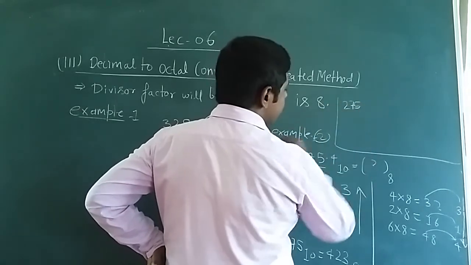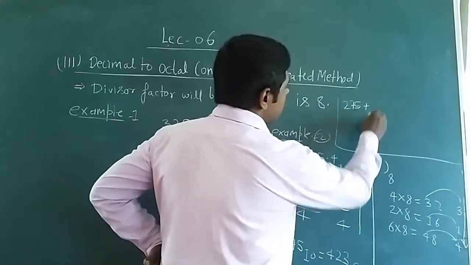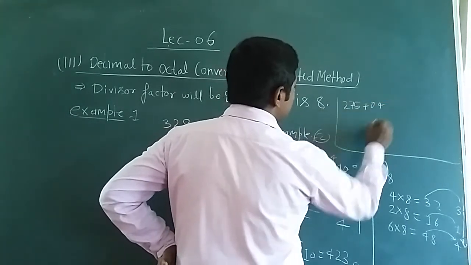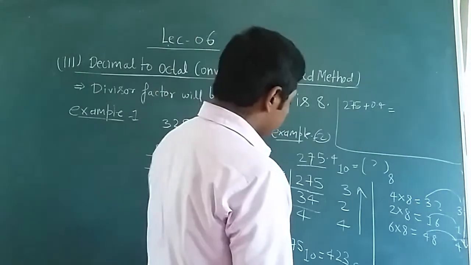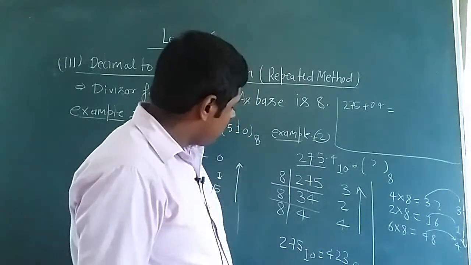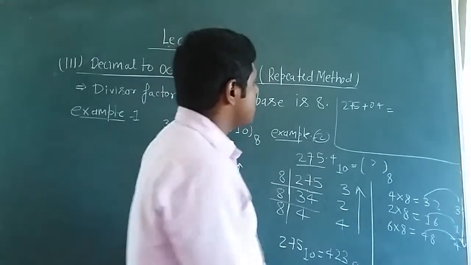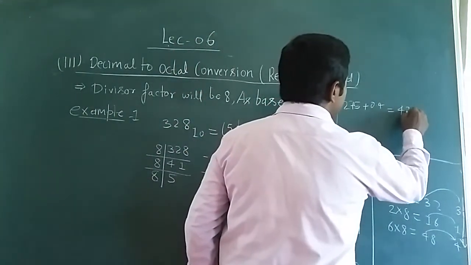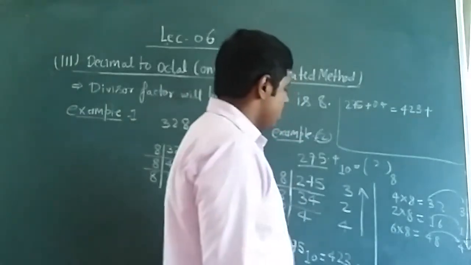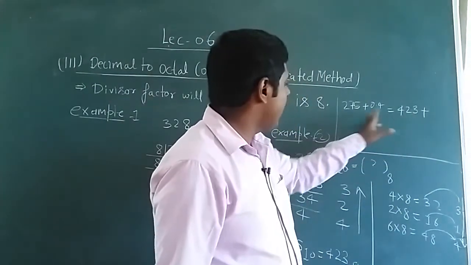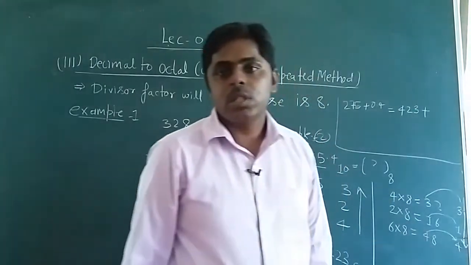275 plus 0.4. As you know, the octal conversion of this decimal number is 423, plus the octal conversion of 0.4, which is 314.